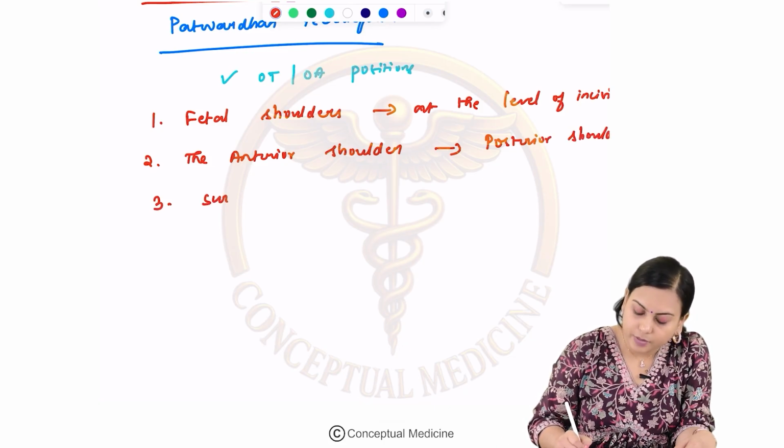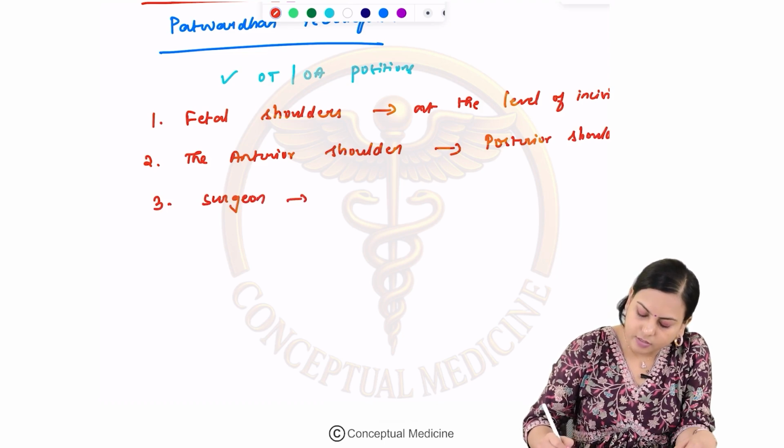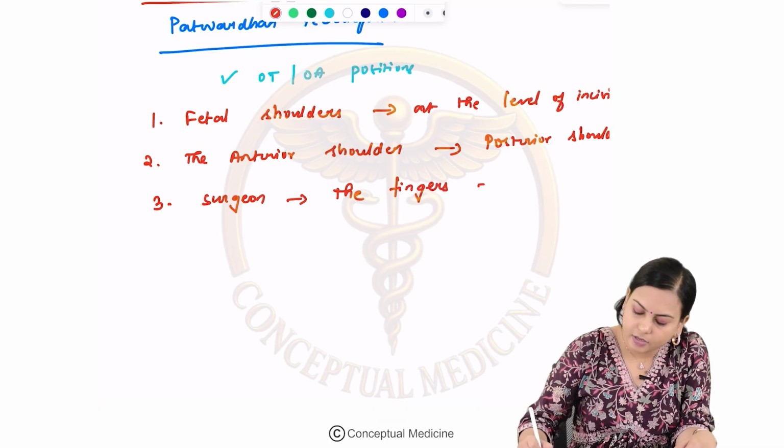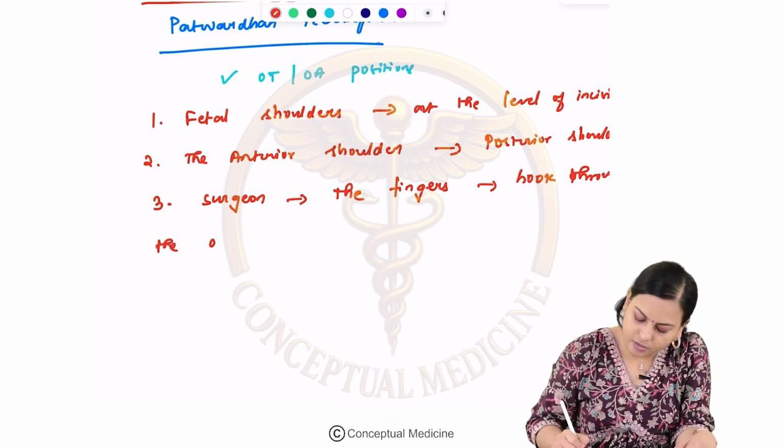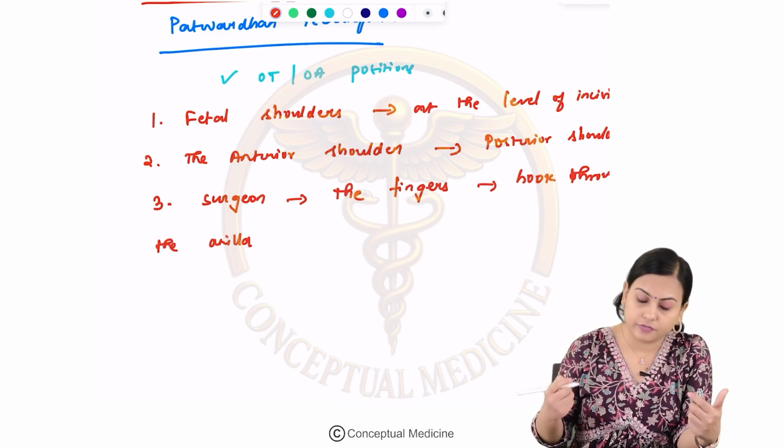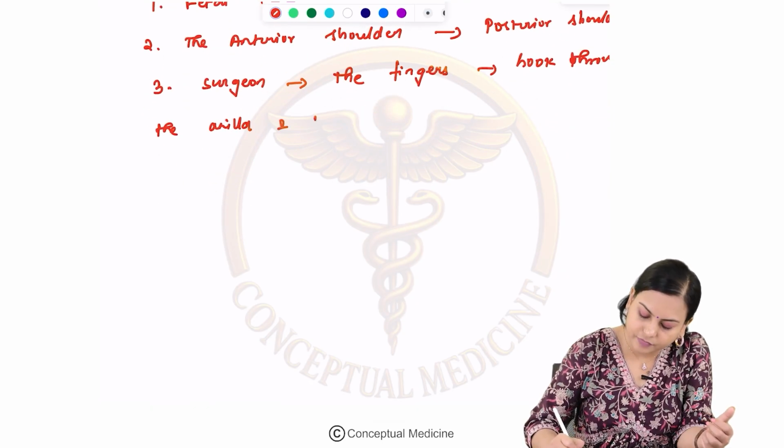Then we use the fingers of our hand to hook through the axilla of the fetus and bring the body of the fetus out.